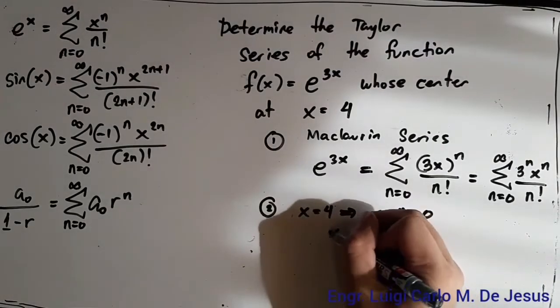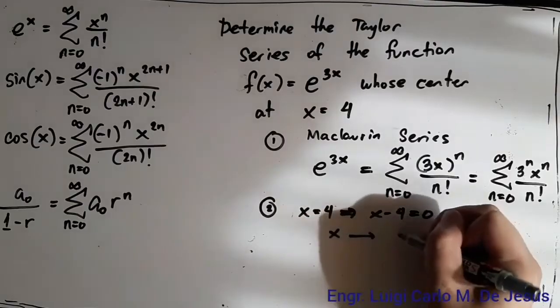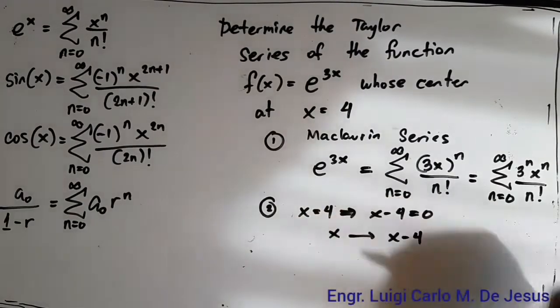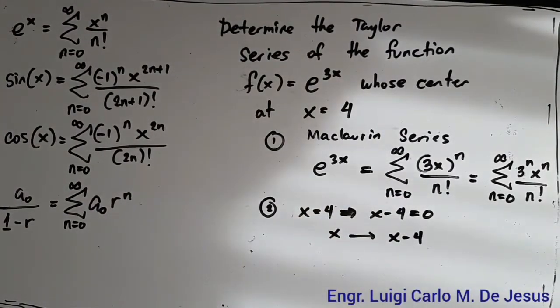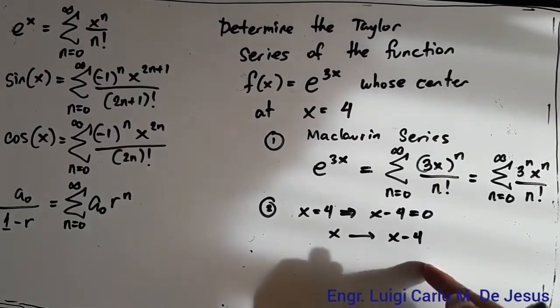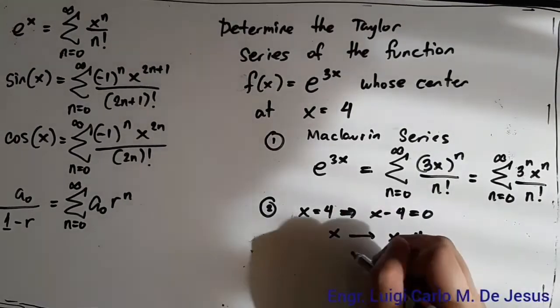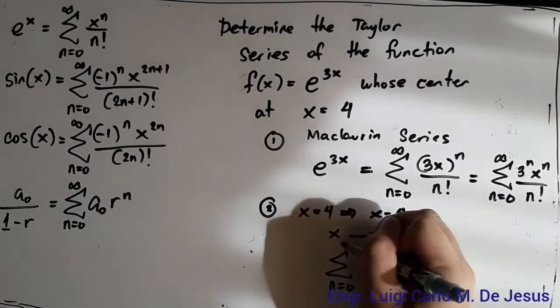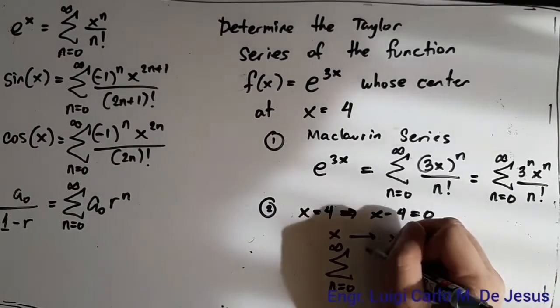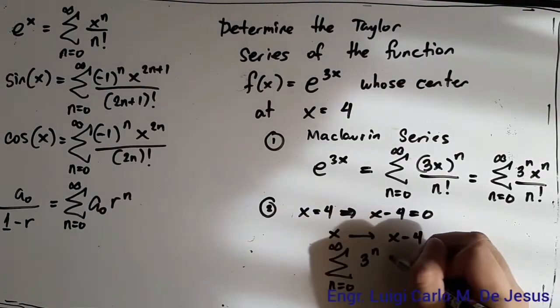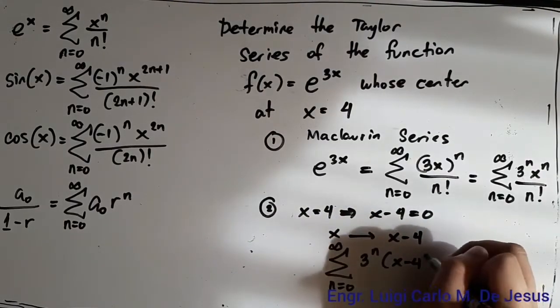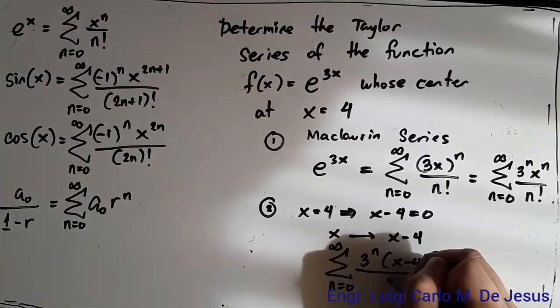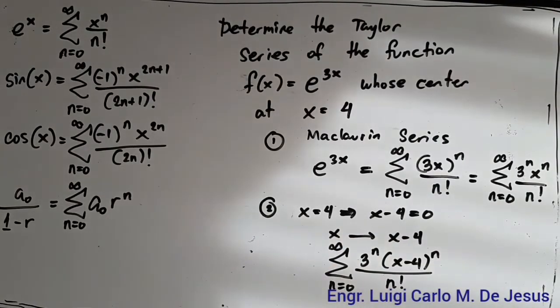Then, all the values of x will be shifted up to that equation. So therefore, by using the equation of the step 1, this will become summation of n equal to 0 up to infinite of 3 raised to n, x minus 4 raised to n, all over n factorial.